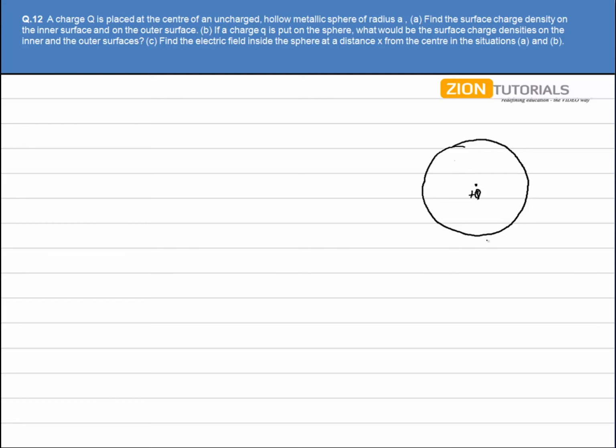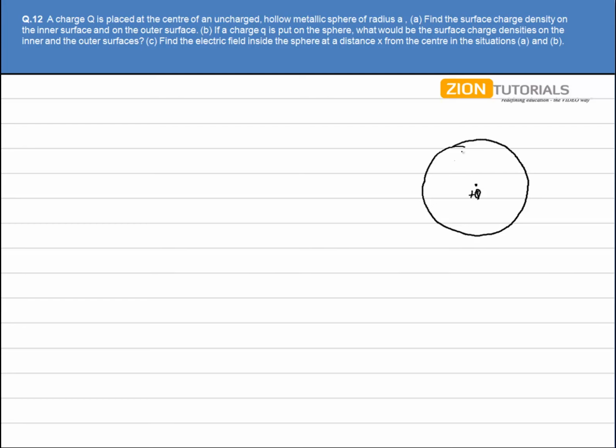Now the concept of solving this question is that the electric field inside the metallic conductor should always be 0, and that will be 0 if the net charge inside is 0.